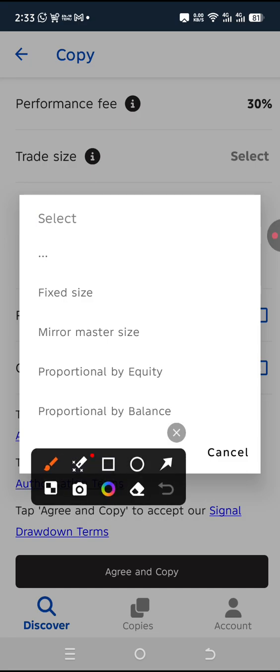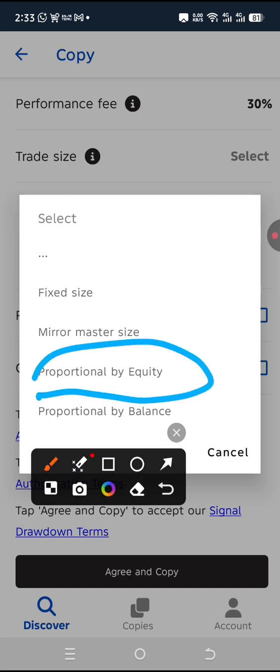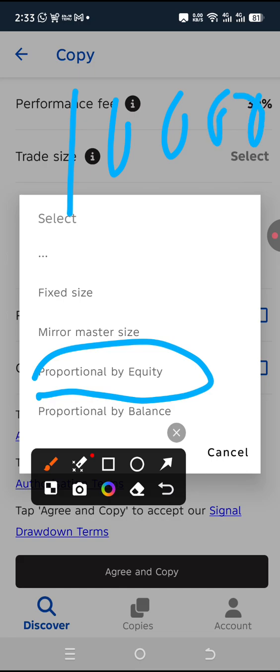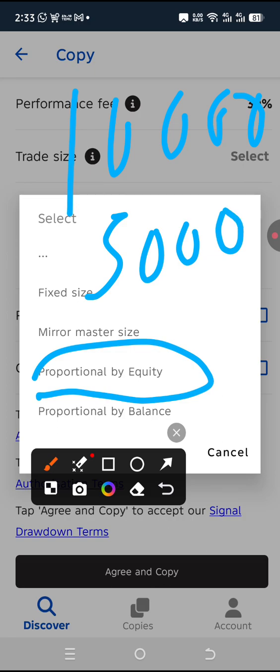The next one is proportion by equity. That means, what do you have in your account at this time compared to what the master is having? For example, the master is having a $10,000 account, and you are having a $5,000 account. So this automatically says that you have half of what that person is having.